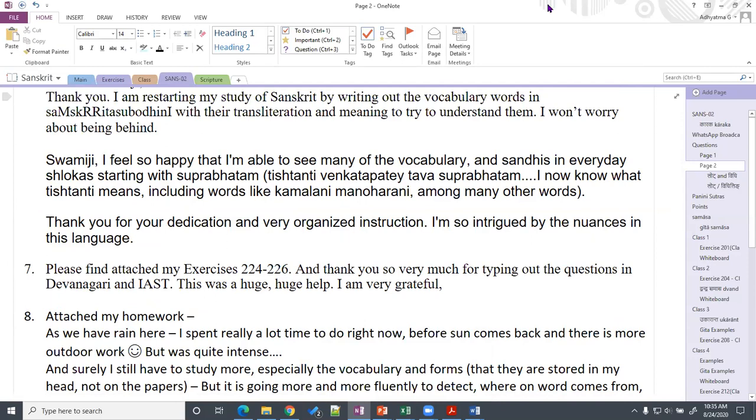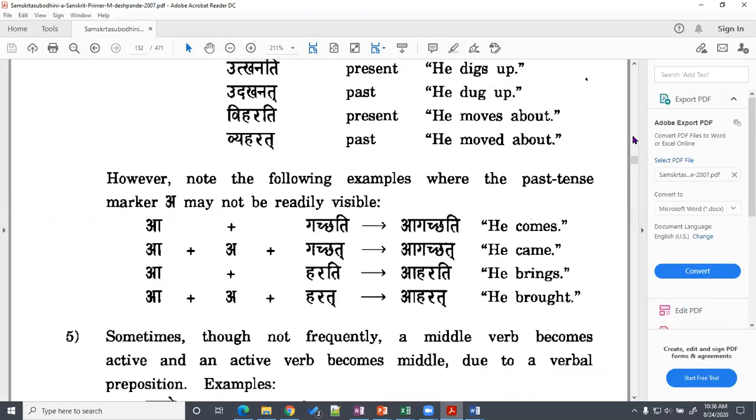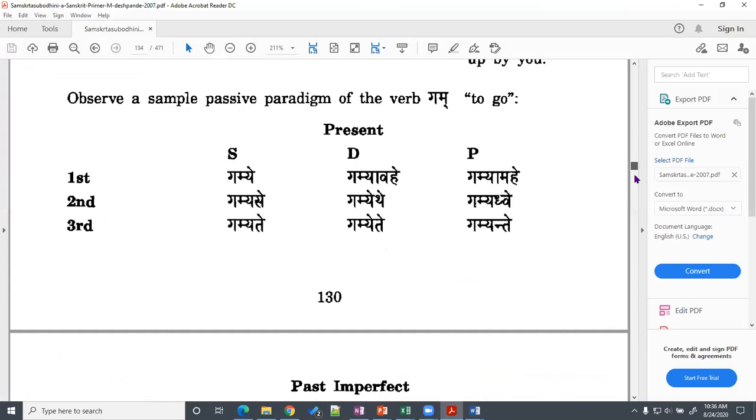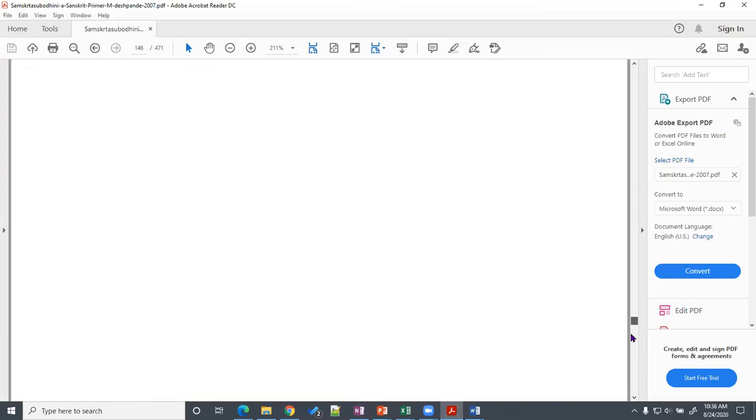There is a comment here. My problem is the vocabulary, not using the language. It is harder to remember, so I have to keep going back to the dictionary. If you know that there is a Sanskrit vocabulary glossary given at the end of the book, Sanskrit Subodhini. I don't know if you are truly using it, but that is very helpful. So if you go to the end of the book, this vocabulary is given all in one place.